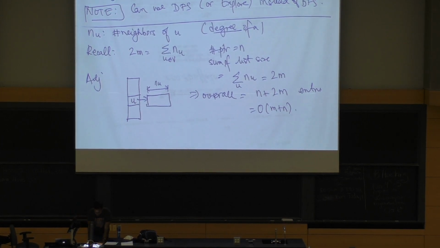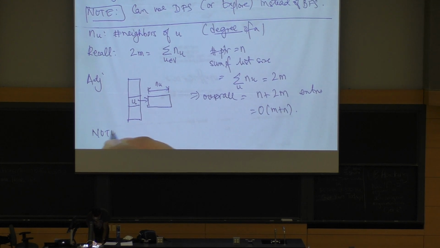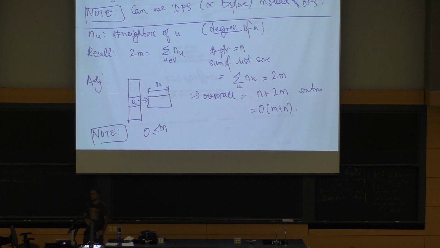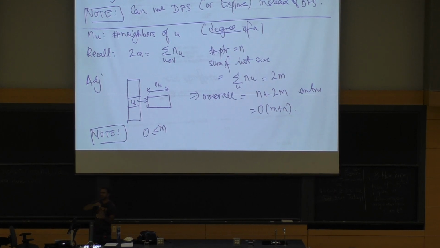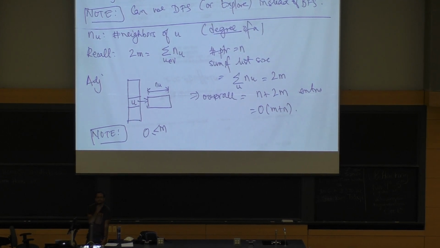The question is, how good is this in general? Just to be sure, m can be as small as 0, which is the case where there are no edges, so your graph is just a bunch of n dots. But how large can m be in terms of n?